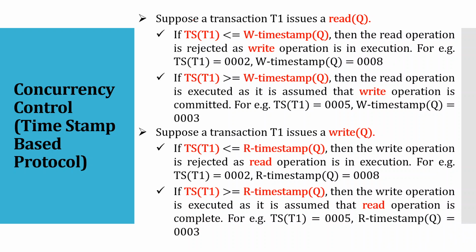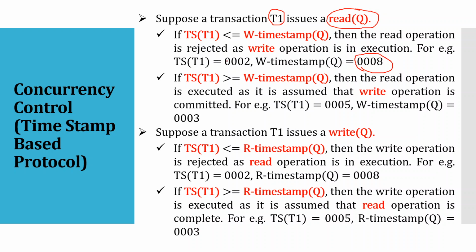So what it says, see, simply remember one rule. We are trying to read a particular data item. One of the conditions says that if the transaction's timestamp is less than or equal to the W timestamp, that means the W timestamp is the maximum time until which another transaction can write. Say the W timestamp on this data item for some other transaction is 8. That means it can work till timestamp 8.